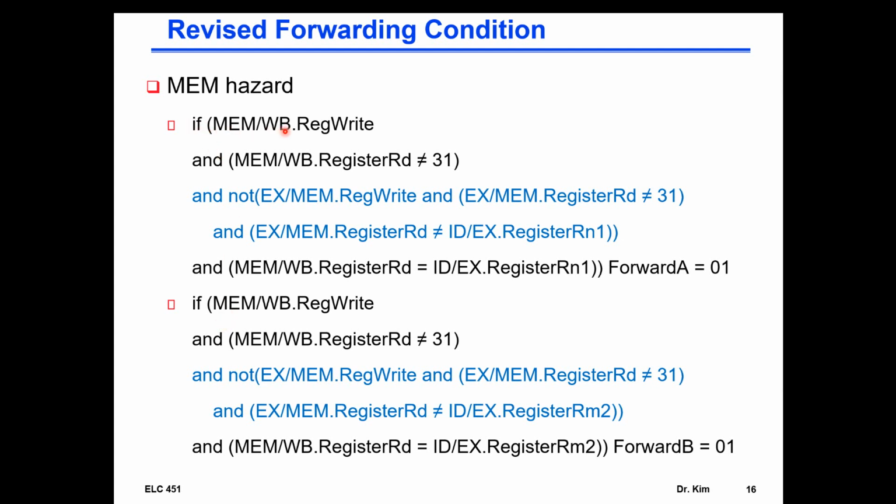So I can say if I'm going to write a register, and the register is not 31 because 31 doesn't get written, and this condition is not true.